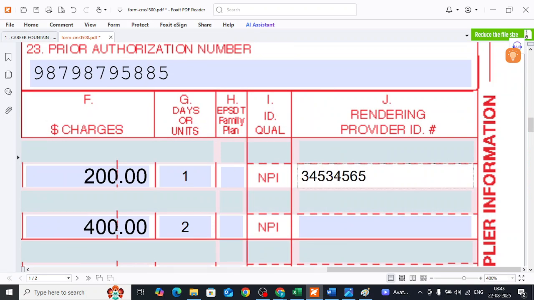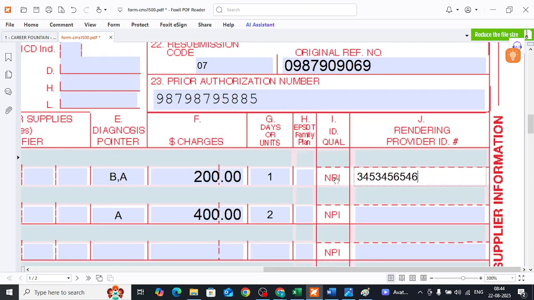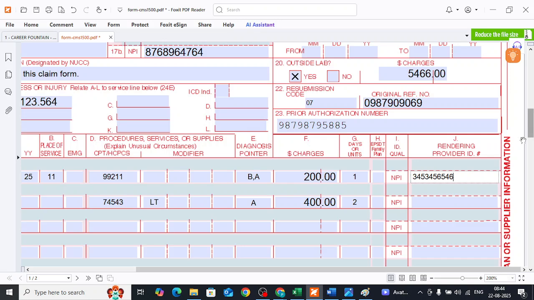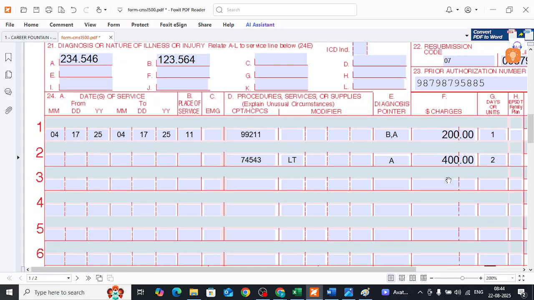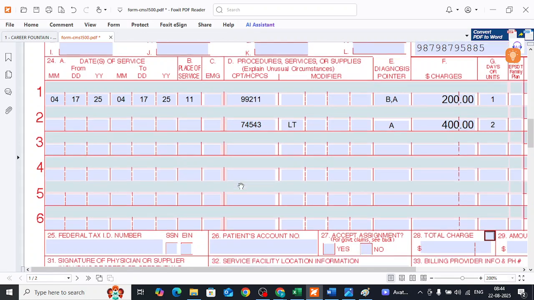It is also 10 digits. So the rendering provider NPI is going here. By entering the rendering provider NPI in Google also, many websites are there from where we can easily get the doctor's name. And in our application itself, if you open the medical record, clearly the rendering provider name is mentioned. In our application also, sometimes some fields are there to see the rendering provider name.